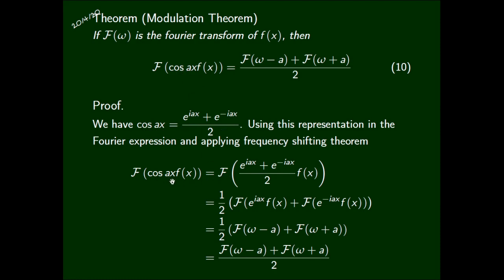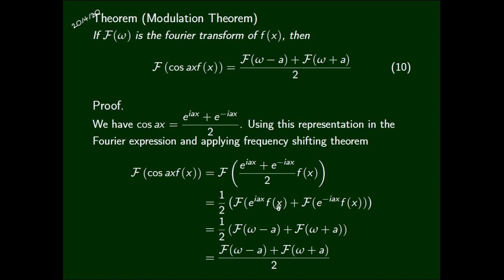The Fourier transform of cos ax into f of x is the Fourier transform of e raised to iax plus e raised to minus iax, by 2, into f of x. I split these terms into 2. I take this 1 by 2 outside. So the Fourier transform of e raised to iax into f of x plus the Fourier transform of e raised to minus iax into f of x. Now we apply the shifting theorem.